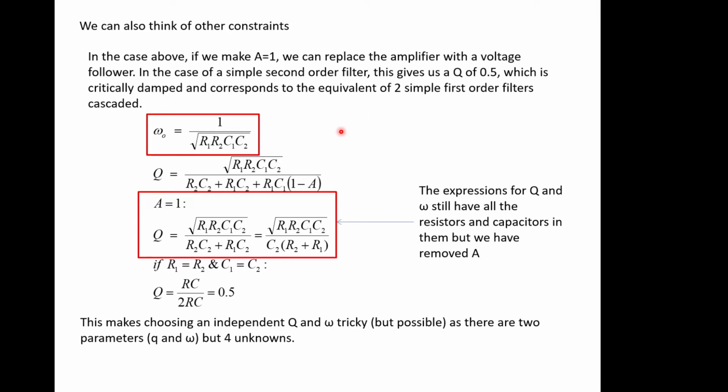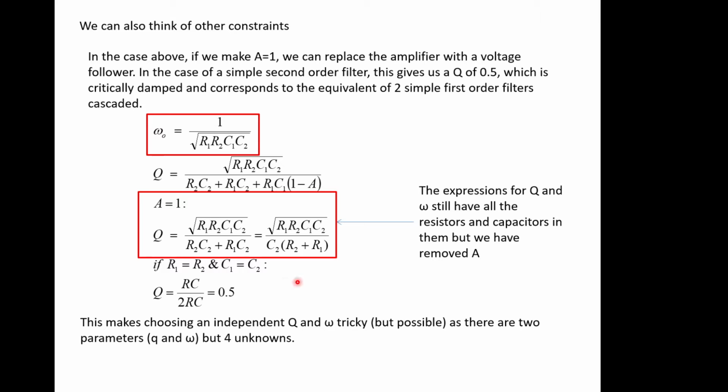And if we do that but keep our constraints that R1 and R2 and C1 and C2 are the same, we then only end up with a Q of 0.5, which is what this is purporting to show down here. So if we make R1 equal R2 and C1 equal C2, and we make A equal to 1, we end up with a Q factor of 0.5 or so.